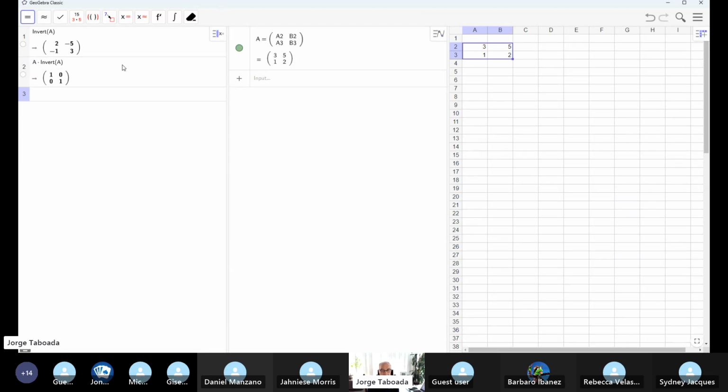But I want to do it both ways. It doesn't matter. Okay, invert first. Invert the A. Multiplication, times A, in that order. Again, it's identity. So I visualize it, super clear.